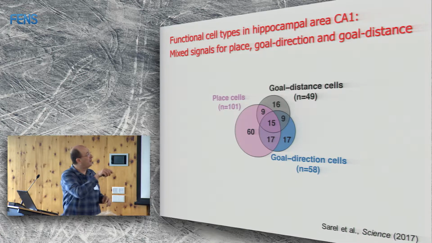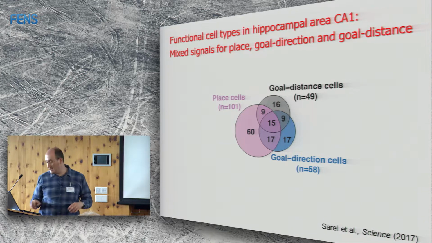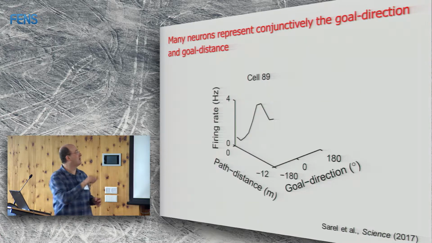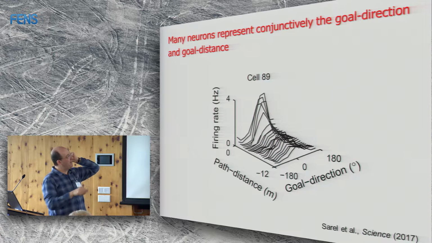In particular, if you look at these neurons that are tuned to both goal direction and goal distance, you can plot these conjunctively. This is an example of a neuron, plotting the firing rate versus goal direction and path distance. You see that at short distance from the goal, this neuron was nicely tuned to goal direction 0, but then looking backward along the path distance of the animal, it's still tuned to goal direction 0, but the firing rate goes down.